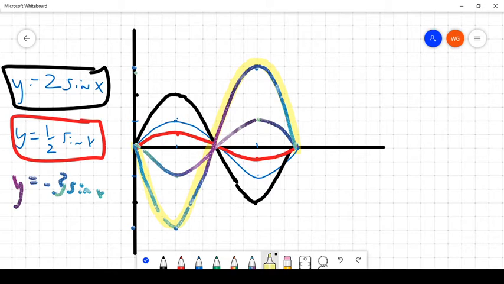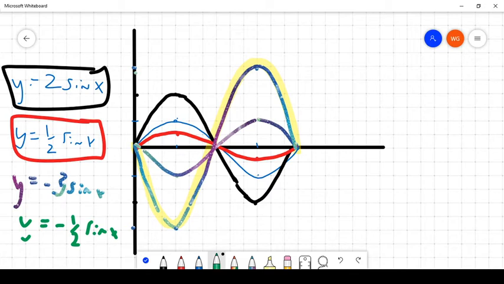And then while we're at it, we might as well end off with just one more here. Let's end off with y equals -1/2 sine x. Okay, we take our original blue graph, the y equals sine x graph, and we reflect it and cut in half.